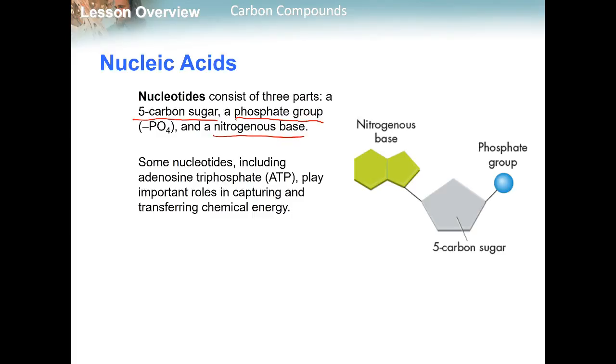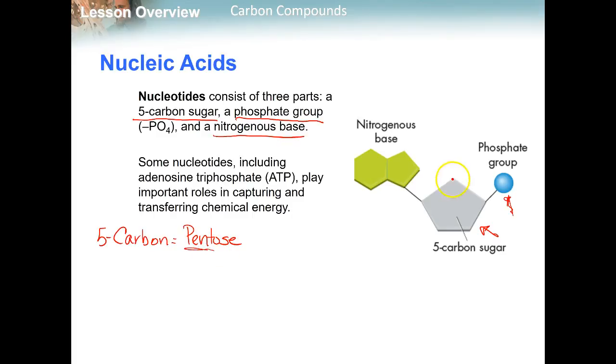So our 5-carbon sugar, we're going to represent in this diagram by a pentagon. And that is a pentose sugar, or a 5-carbon sugar.